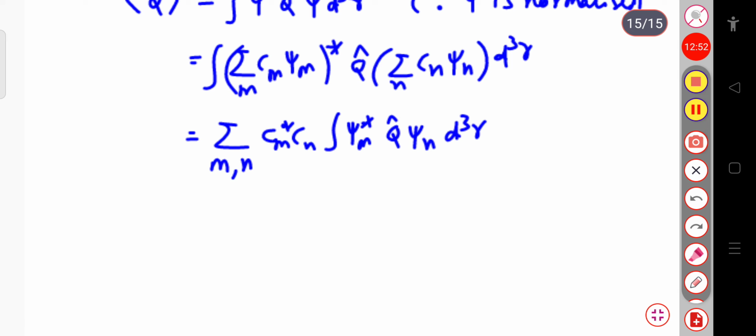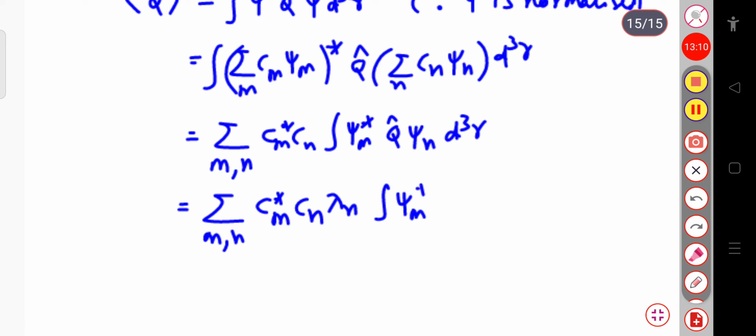So I can write this equal to the sum over mn of Cm star into Cn, and this will be your q cap. When it operates on psi n, it will give, suppose, lambda n, that is the eigenvalue. Here I will write lambda n, and here the integration over psi m star psi n dqr.